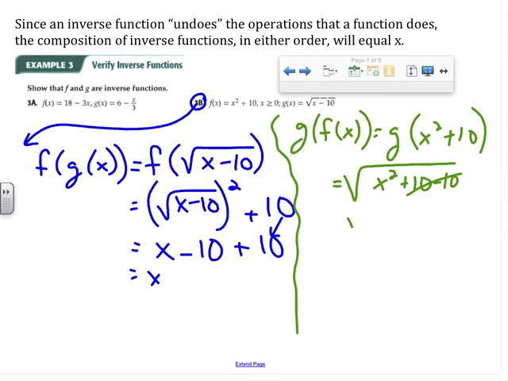So the 10 minus 10 cancel each other out, and I have the square root of x squared, which will equal x, as long as x is greater than or equal to 0. Notice that we have that restricted domain.